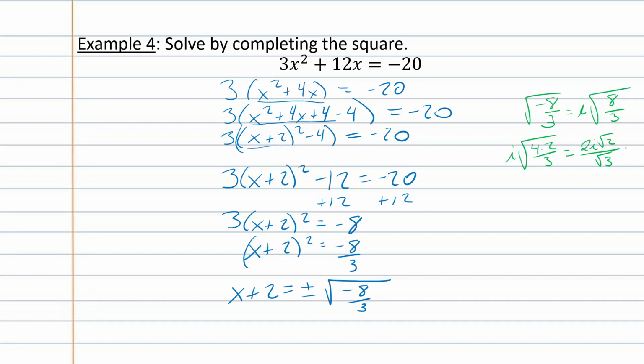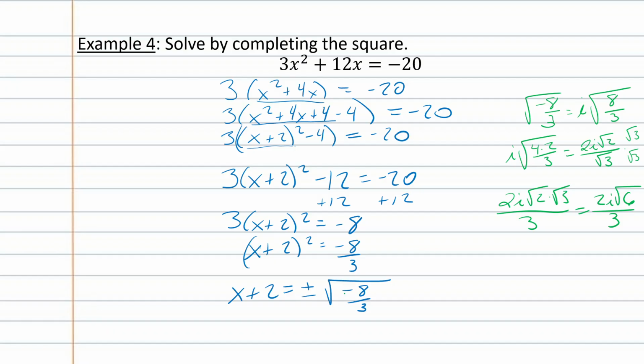Well, if I didn't want that square root in the denominator, I could rationalize the denominator by multiplying by the square root of 3 over the square root of 3. Now that gives us 2i times the square root of 2 times the square root of 3 all over 3, because the square root of 3 times the square root of 3 is 3, right? And this could simplify down to 2i times the square root of 2 times 3, which is 6, all over 3, if you wanted to rationalize your denominator, if you had a need to.